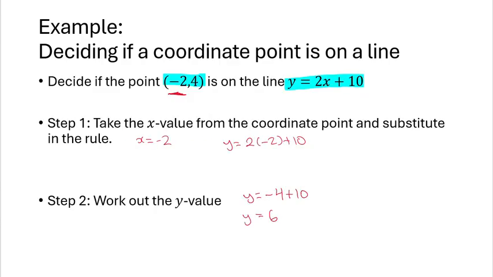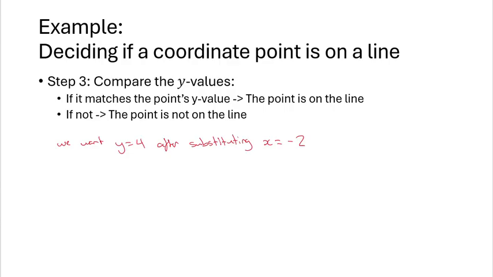Now, if you look at what we figured out in step 2, we quickly realized that we did not get y equals +4. We in fact got y equals 6. So now, just have a look. If it matches the point's y value, this point is on the line. If not, the point is not on the line.